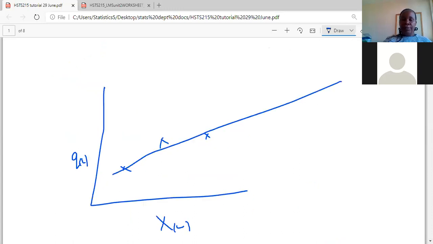Any questions so far on the QQ plot, the manual way? Questions? Ed?